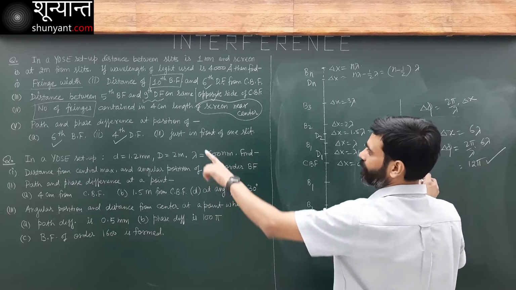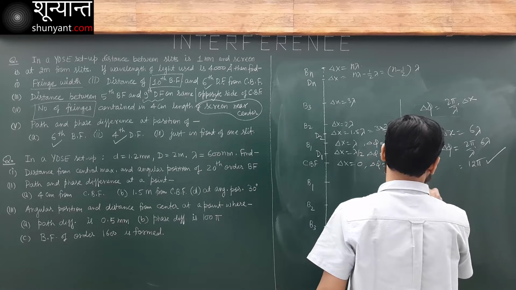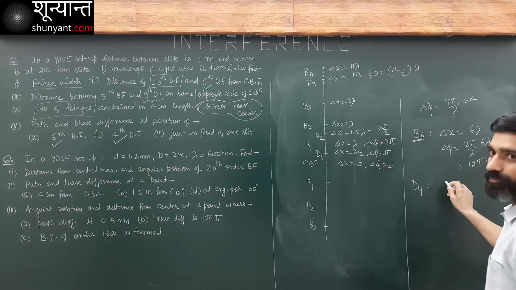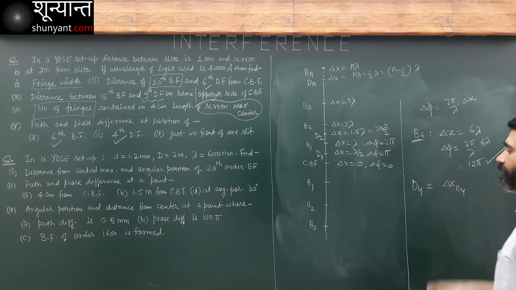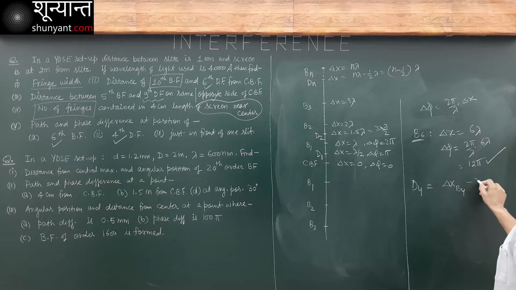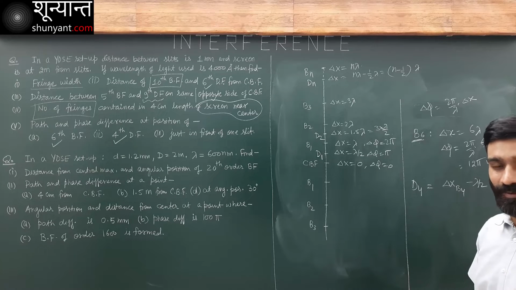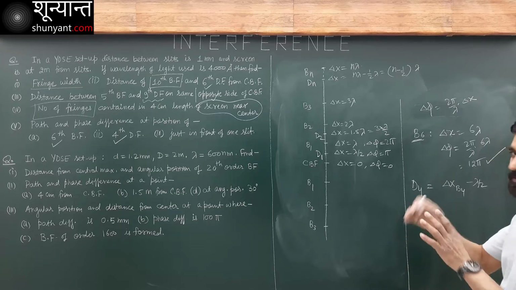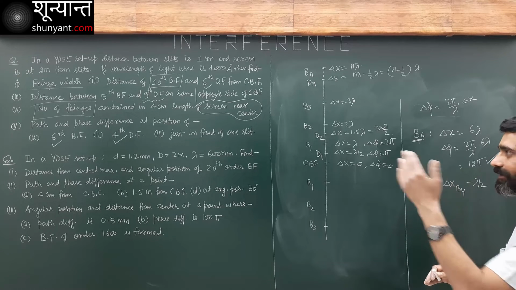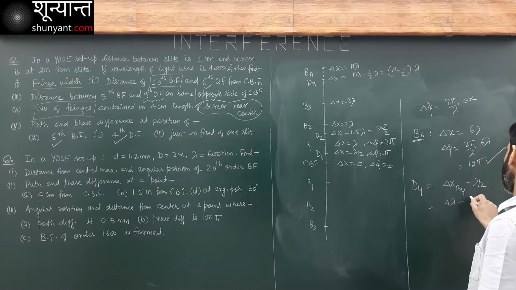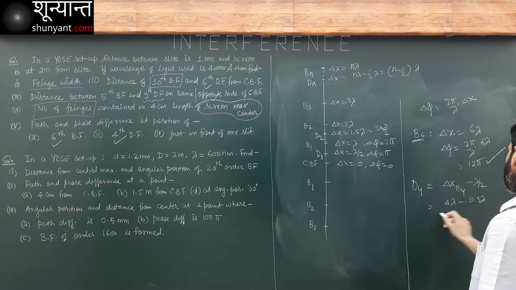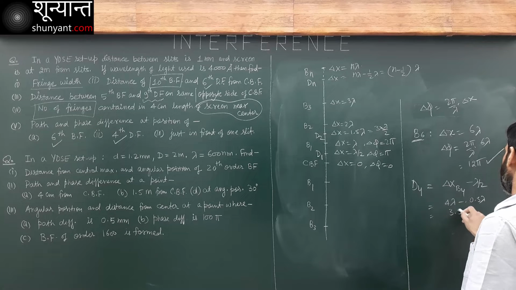Now, for the 4th dark fringe, delta x will be equal to delta x of the 4th bright fringe minus half lambda. One easy way to remember, try to correlate it with all other information. This will be equal to 4 lambda minus 0.5 lambda, so this becomes 3.5 lambda.